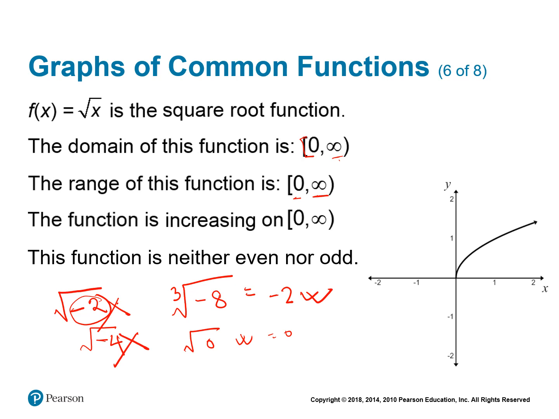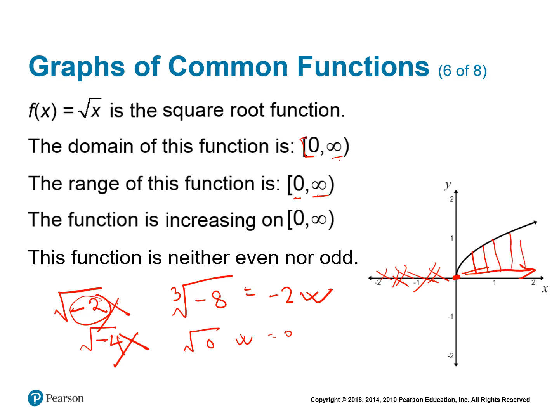Then we see the function is increasing in the interval 0 to infinity. The negative values don't exist in the domain of the square root function. We can only start from 0, and as we proceed from 0 along the x-axis, the y values increase. So it is an increasing function.